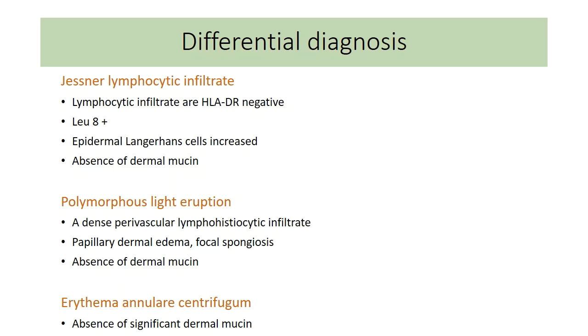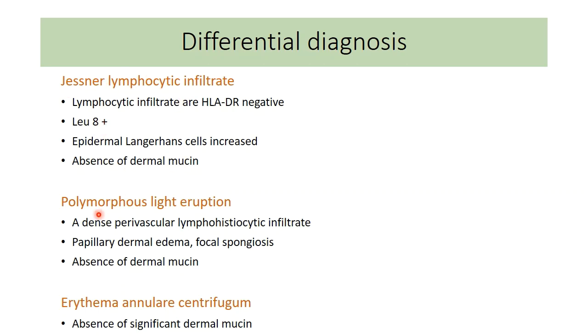The differential diagnoses are Jessner's lymphocytic infiltrate. It will be differentiated by the absent HLA-DR stain in these lymphocytes, presence of LEU8 positivity in these lymphocytes, increased epidermal Langerhans cells, and absence of dermal mucin. These features favor Jessner's lymphocytic infiltrate.